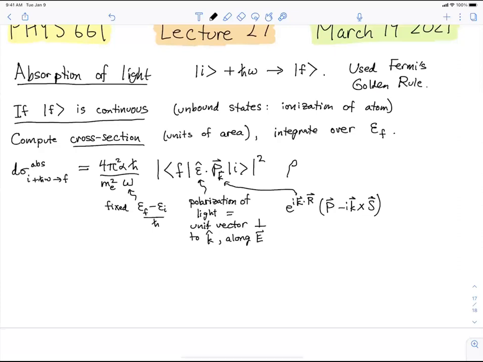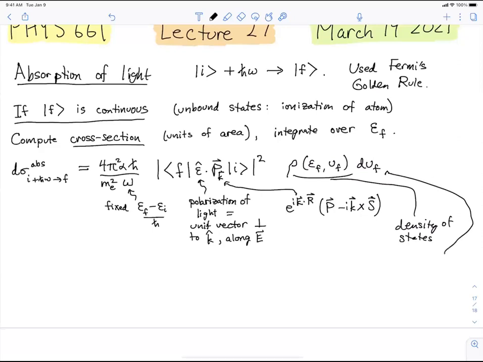Then we have to multiply by a density of states, which includes the possible effects of degeneracies of energy. So this factor here is the density of states. And this thing is the degeneracy.